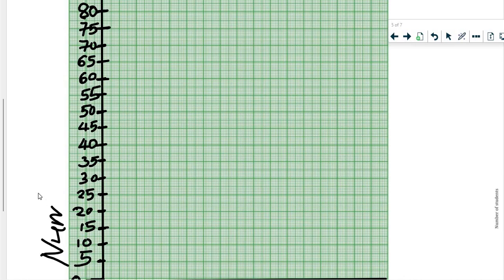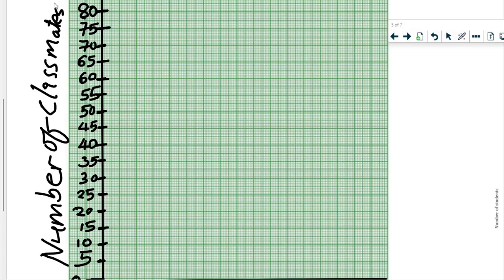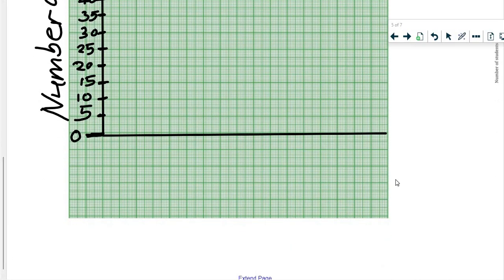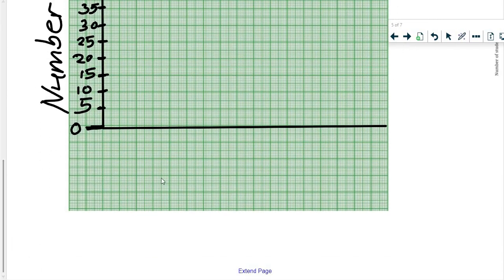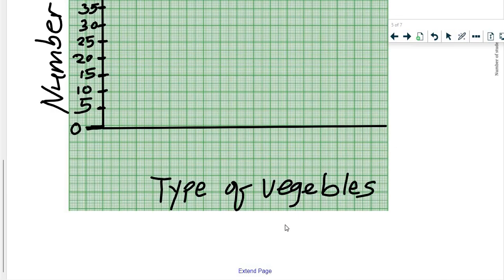And on this line, we keep vegetables, type of vegetables. So here you write type of vegetables.